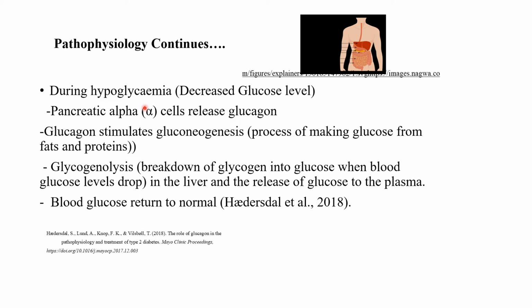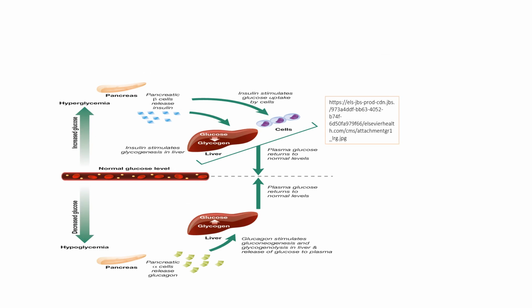But also the pancreas senses the low glucose and produces glucagon, and it targets the liver and muscles and converts glycogen into glucose. It also tells the liver to produce new glucose, which is the process called gluconeogenesis. This is when the glucose is made from amino acids, fats and proteins, and then the blood glucose will return to normal. Now look at the picture here.